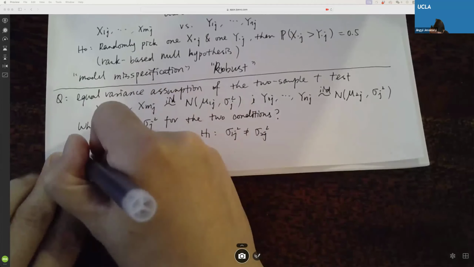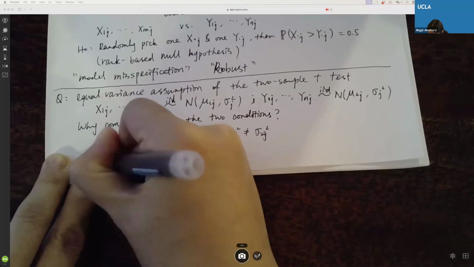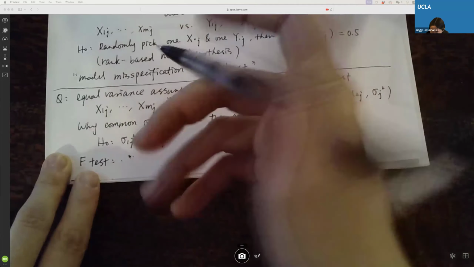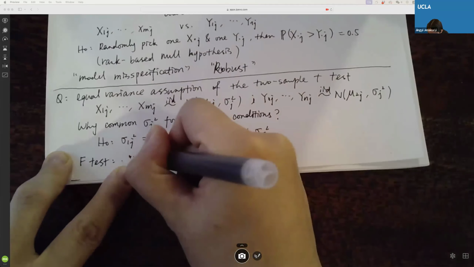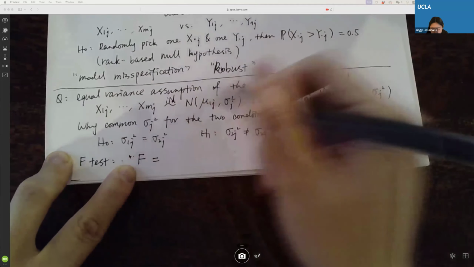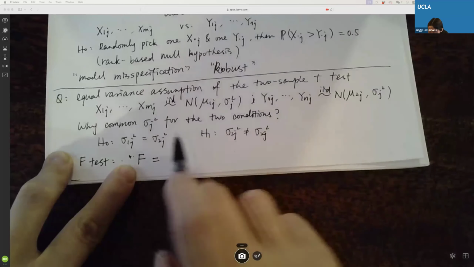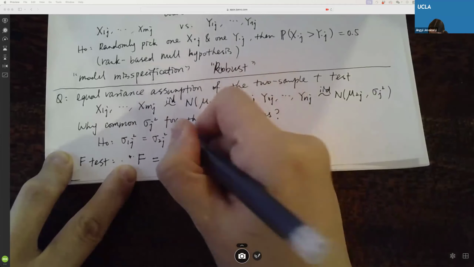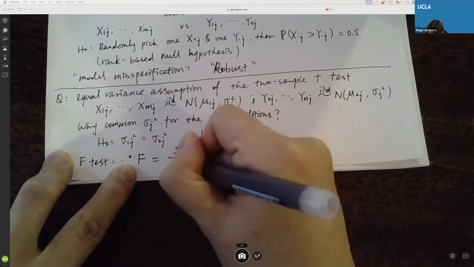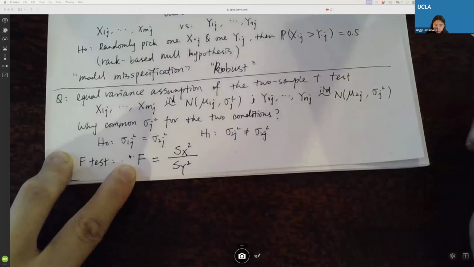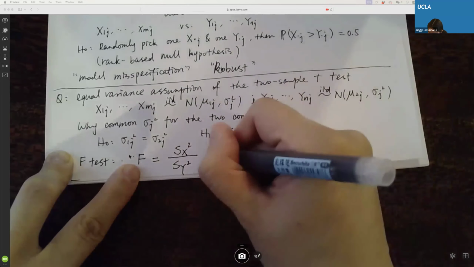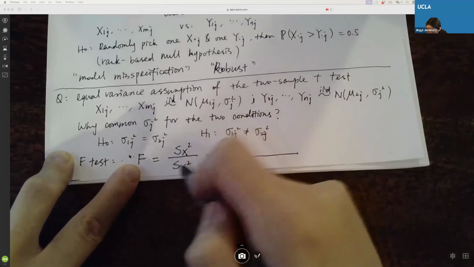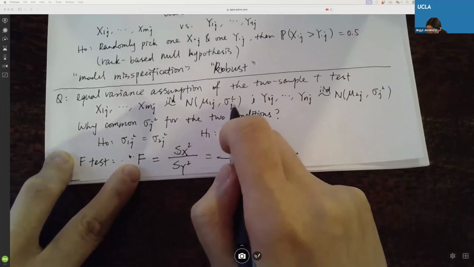So the F-test is basically what we call a ratio test statistic. We call it F. The test statistic F is defined as the ratio of the two sample variances, which is sx squared over sy squared. Each sample variance can be calculated as the unbiased estimate for sigma j squared.